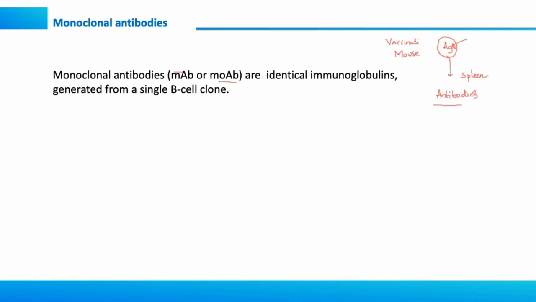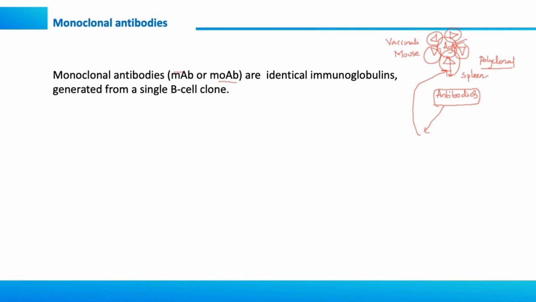These antibodies are not identical because they react with the same antigen but not on the same epitope. An epitope is an antigenic determinant, that is a signature on which the antibody goes and acts. So these antibodies can bind to any epitope. This kind of response is known as a polyclonal response because it is binding to different epitopes of the same antigen.